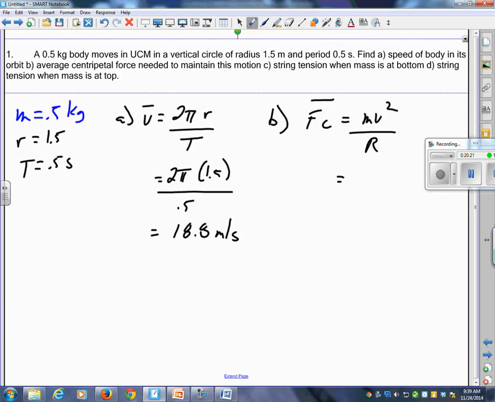What does Newton's law say? F equals ma. The centripetal force is dependent upon the mass. The greater the mass, the greater the force. So the mass does matter here. 0.5, velocity of 18.8 squared, all over radius 1.5. Does the radius need to be in meters? Yes. If it's in centimeters, please convert. I get 118 newtons.